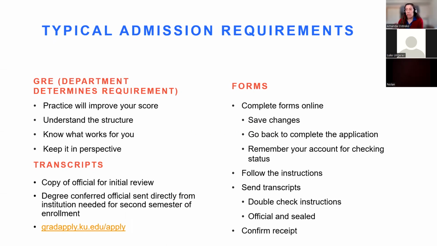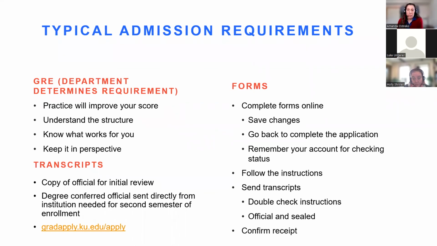And so those documents are either mailed directly from the institution, or for a number of our US institutions, we do have an electronic process where we can get those official final transcripts. There are additional forms too beyond the transcript that certainly are part of the application process. There's some general information that everyone will be asked to submit.